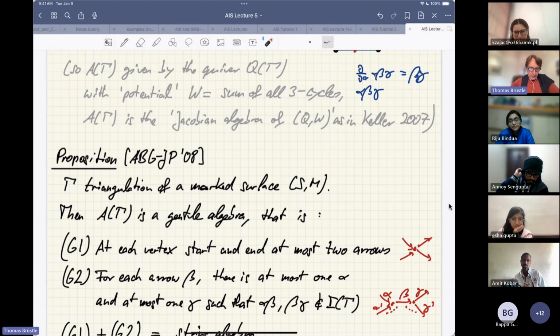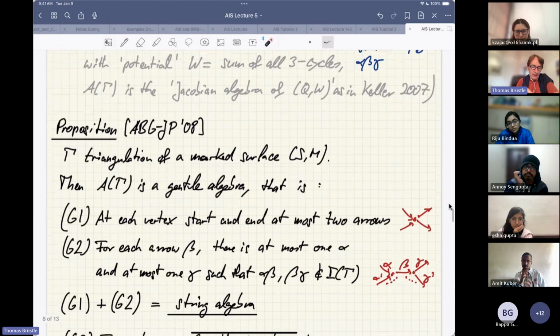It means that first, at every vertex of the quiver start and end at most 2 arrows. So if we have any vertex here given by gamma, there's at most 2 incoming and at most 2 outgoing arrows.